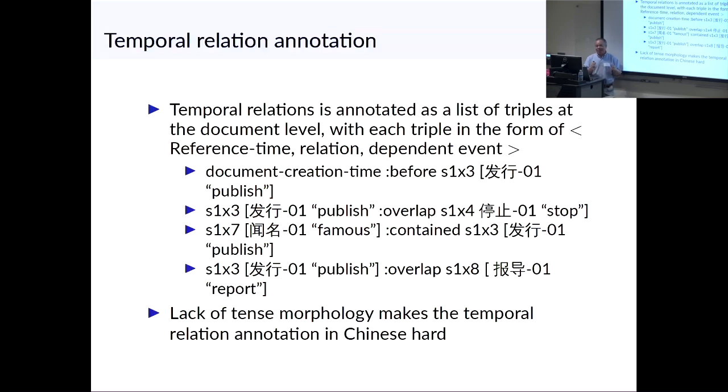And since temporal relations are transitive, for some of them the reference point will be the documentation time, and you can infer whether it should be before or after. So that's the idea.